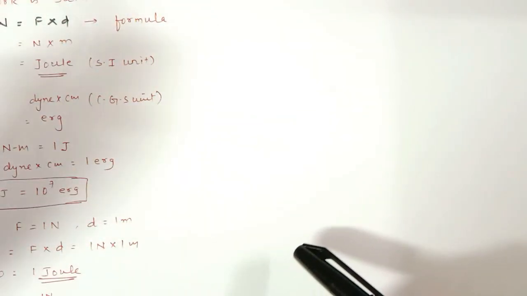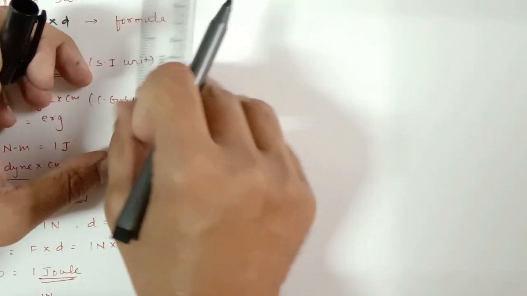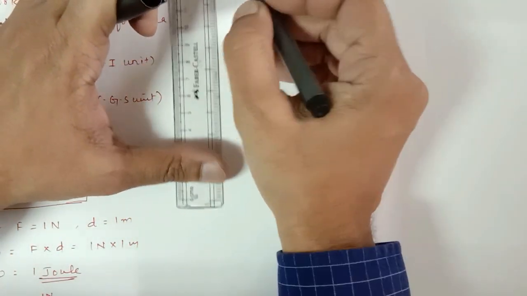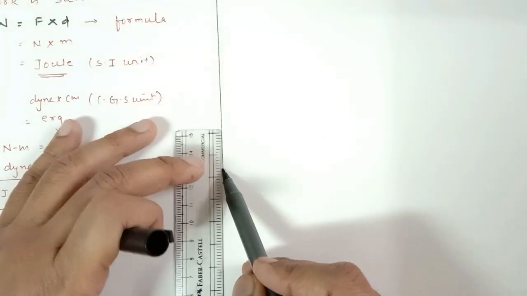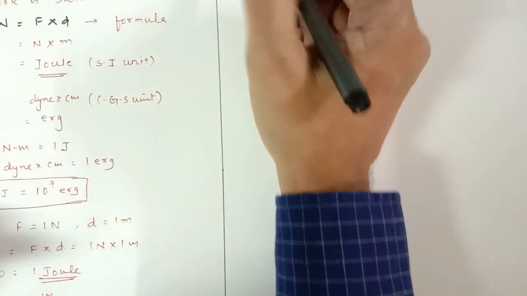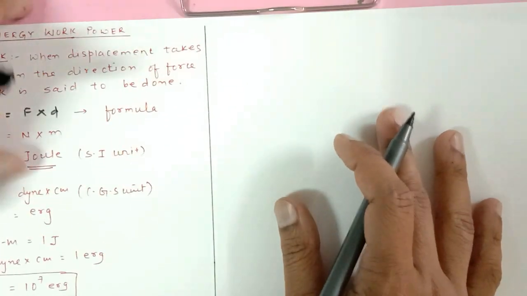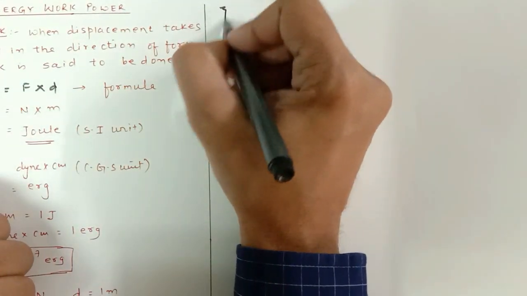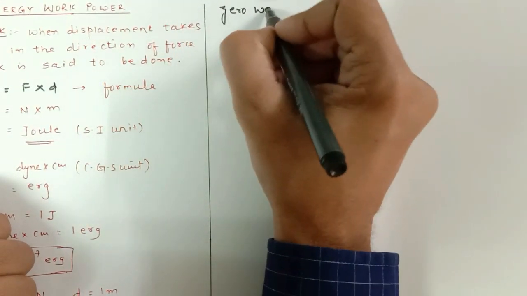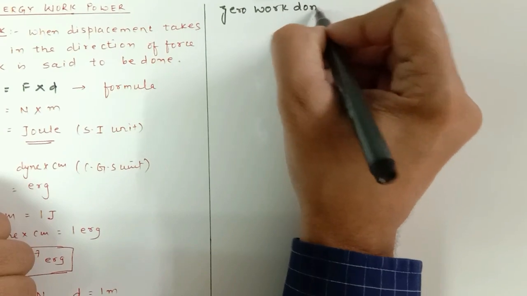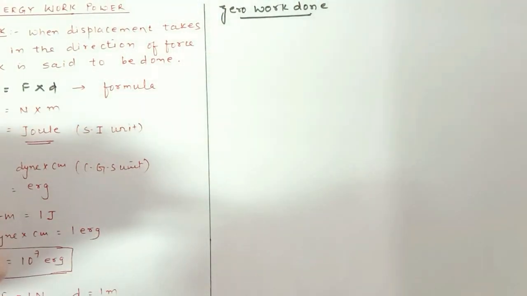Okay. Now let us consider a few cases in which the work done is 0. Zero work done cases. Now when can a body have 0 work done?